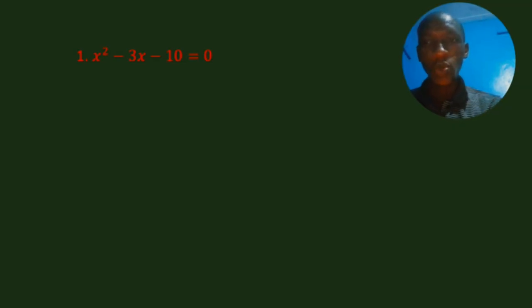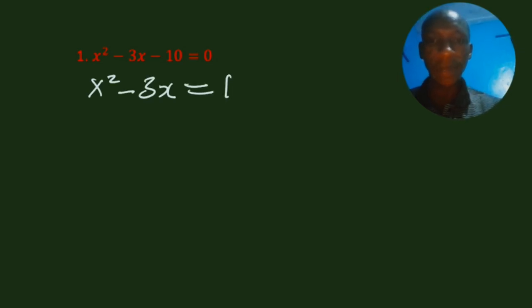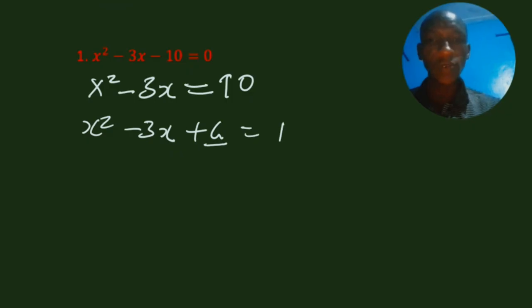We are going to rearrange our quadratic equation in this way. x squared minus 3x, the negative 10 will cross and become plus 10. Then we have x squared minus 3x plus c, so c is missing, is equal to 10 plus that c.